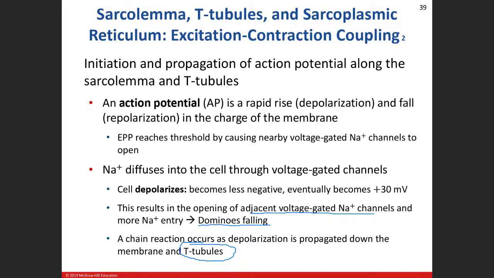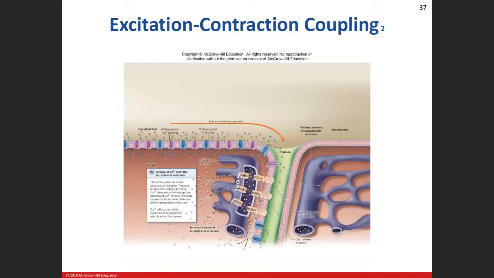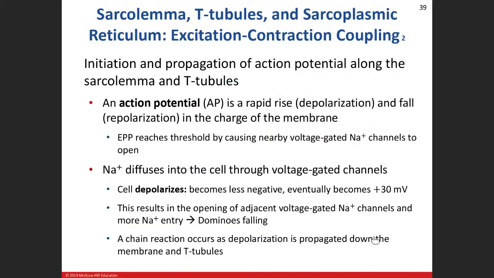Just to remind you, in our T-tubule, I'll come back to that slide, that's where we've got to get our action potential to go down into, because we have to stimulate the opening of these voltage-sensitive calcium channels, because they'll trigger the opening of the calcium release channels in the sarcoplasmic reticulum to release calcium. That's what we're looking for.